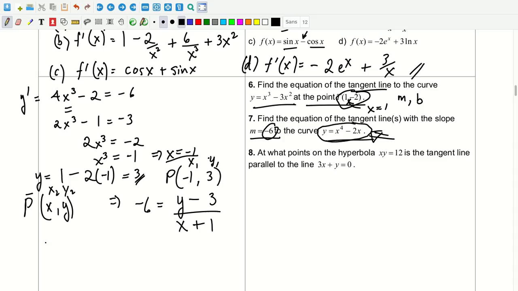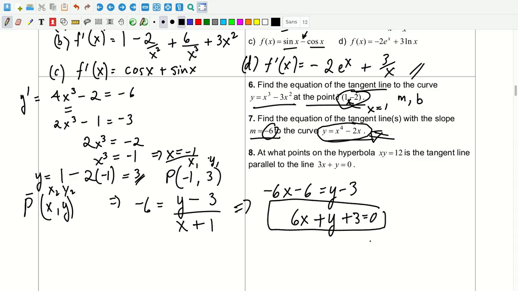Okay, and so if I work this out, I get negative 6x minus 6 equals y minus 3. And again, I want my value in front of x to be positive, in standard form, and so I add 6x to both sides, I get 6x plus y plus 3 equals 0, and that is my equation. Okay, work it out.